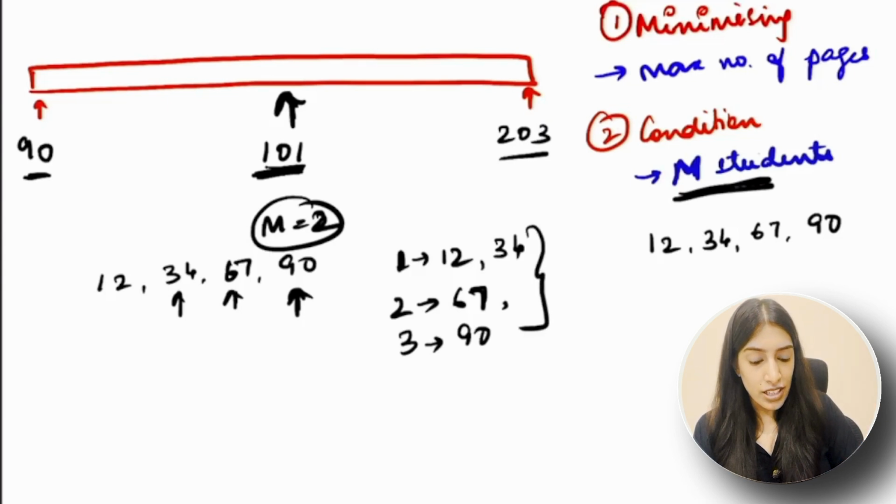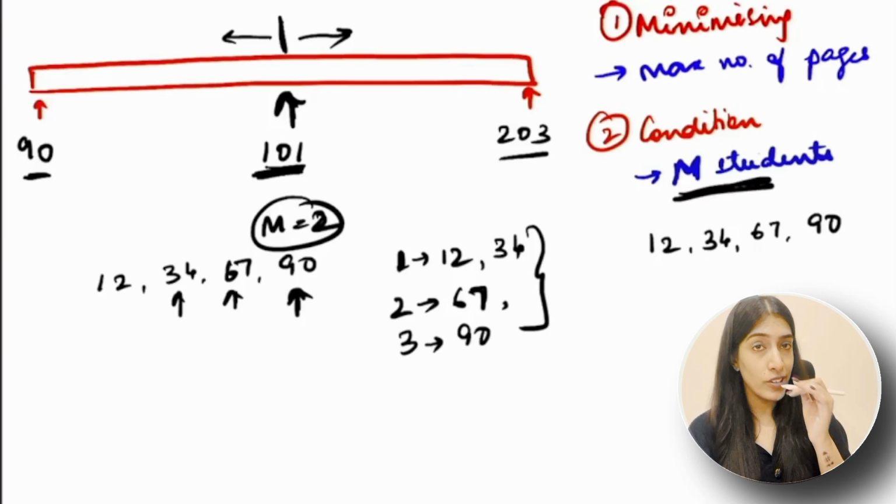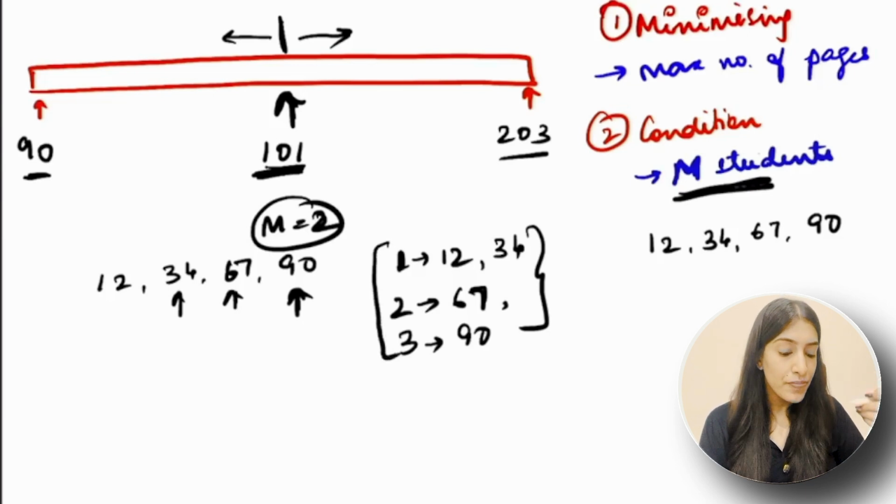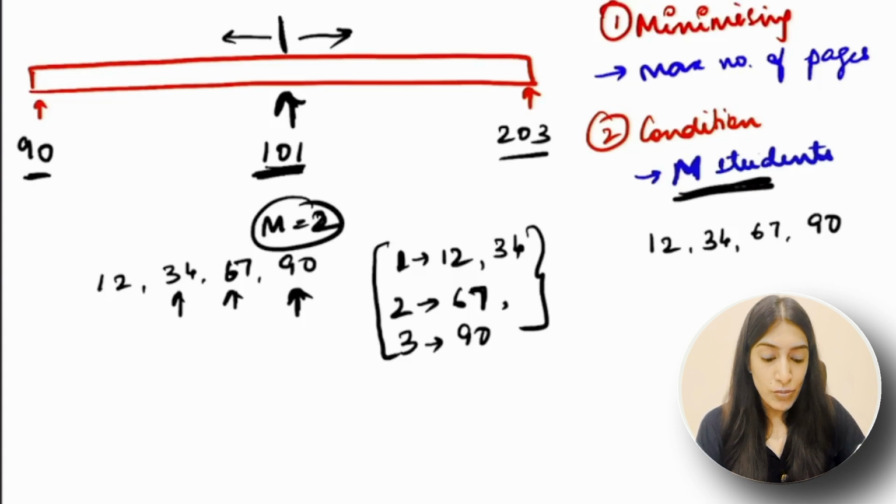Now we have to see whether we should take a value less than 101 or more than 101. That is what we do in binary search. Think about it: if for a maximum of 101 pages we were not able to assign all the books to students, then we have to make sure that the number of pages we can give is more.